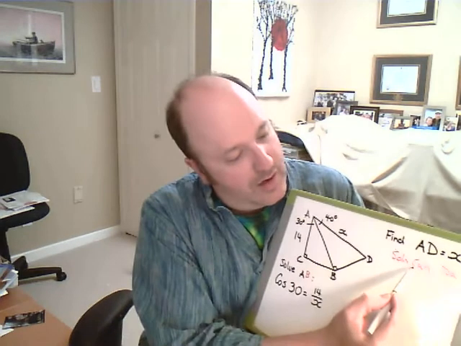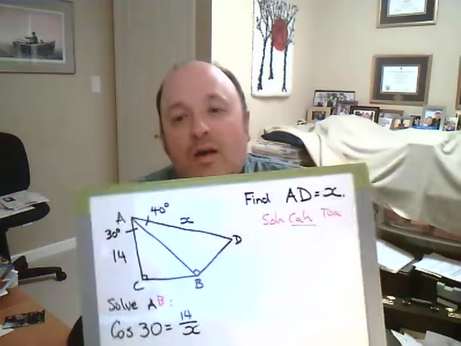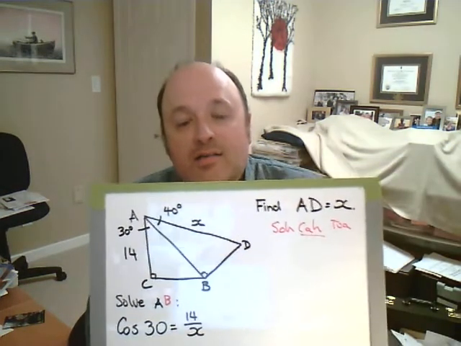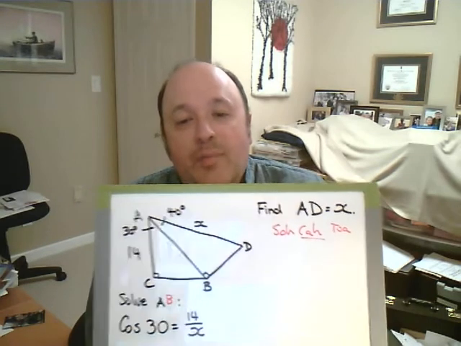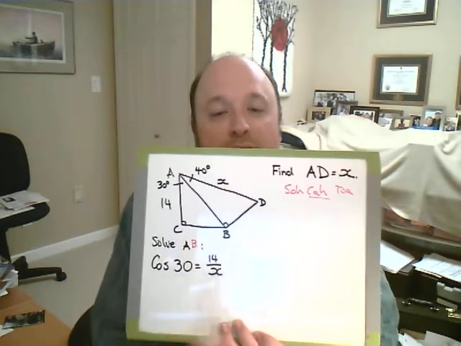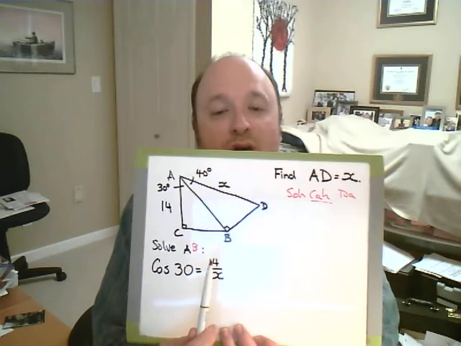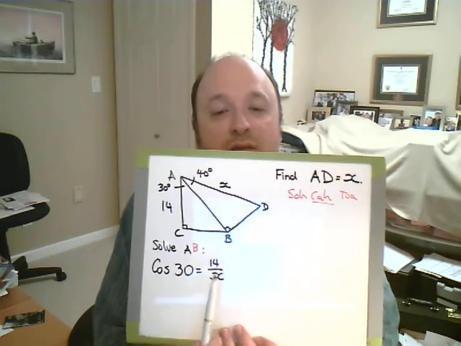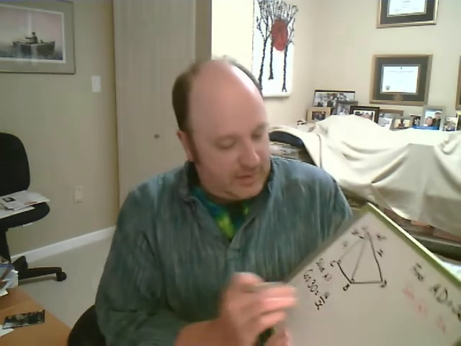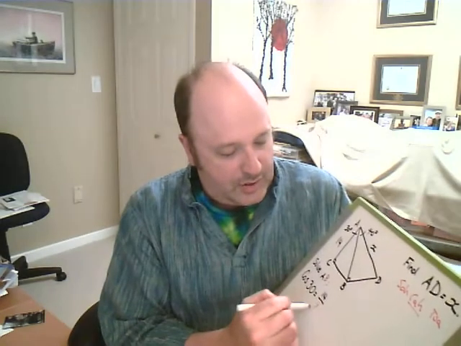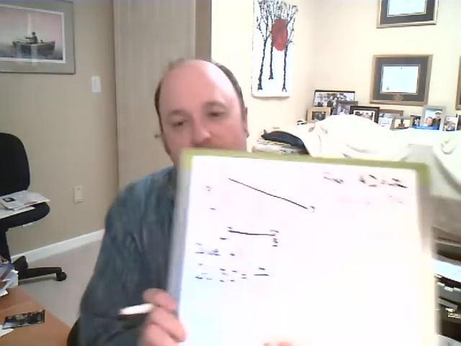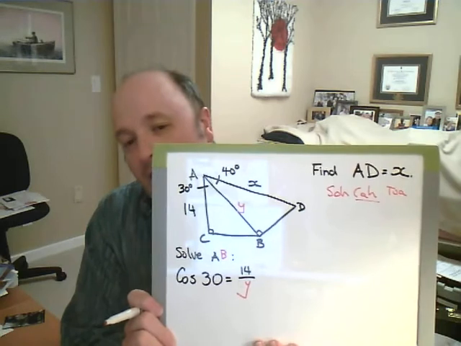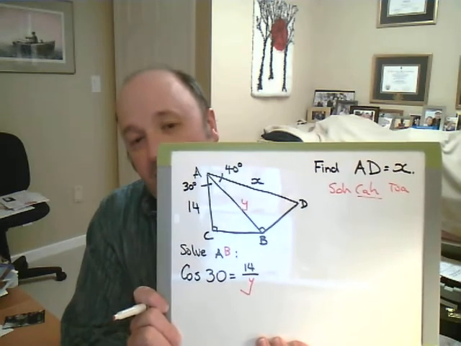Adjacent and hypotenuse, that means cosine. Cosine is adjacent over hypotenuse, so that's why I'm using cosine down here. There's the adjacent, 14, and there's the hypotenuse. We won't call it x, maybe we'll call it some other variable just to keep them separate. Okay, equals y, and so I got to be able to calculate that.